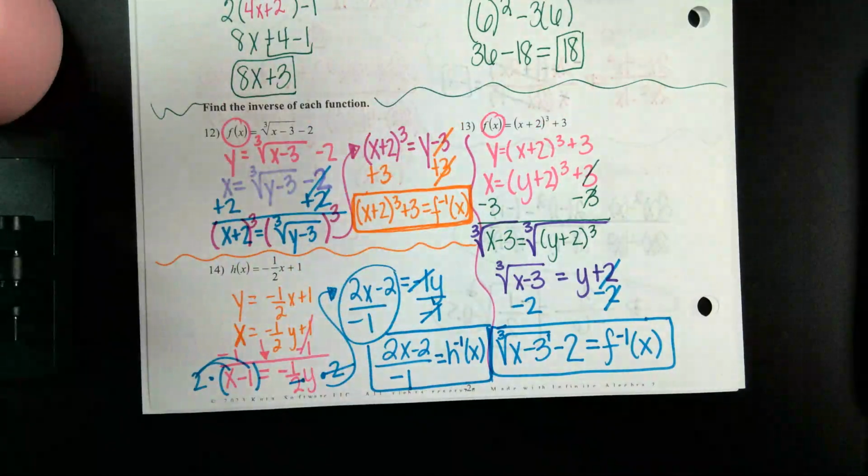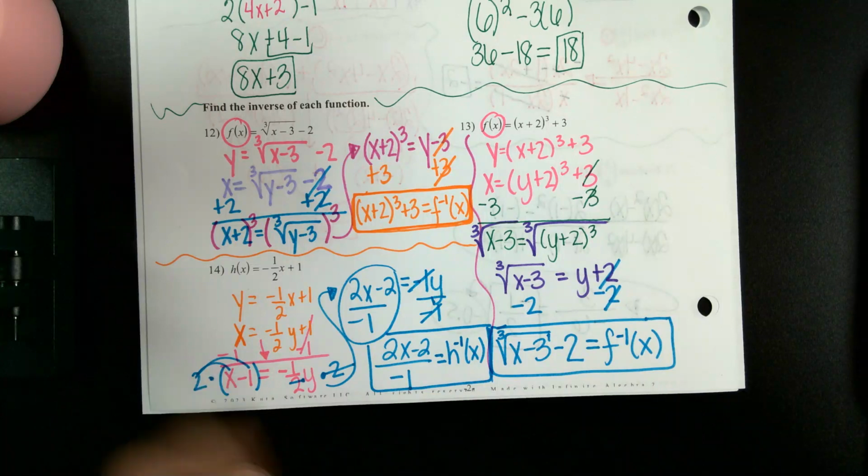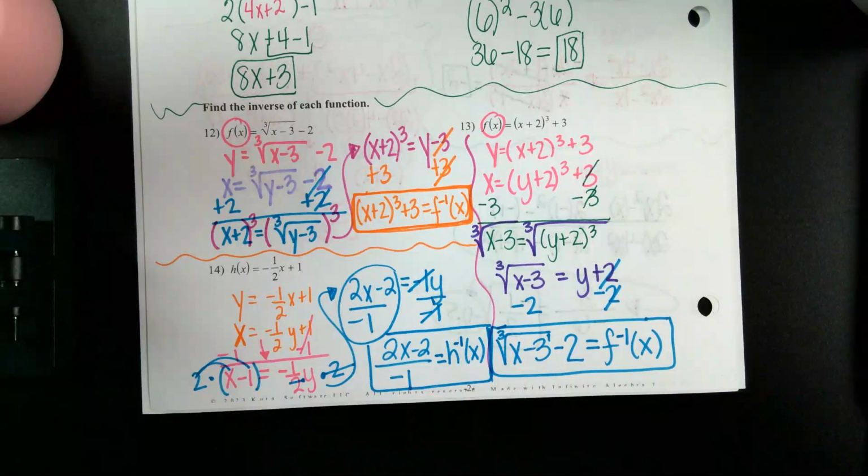Now, one of them is one-to-one and the other one is not. If you've already completed today's assignment from the first half of class, you should be able to tell me which one is one-to-one and which one is not. The square root is, and the quadratic is not.